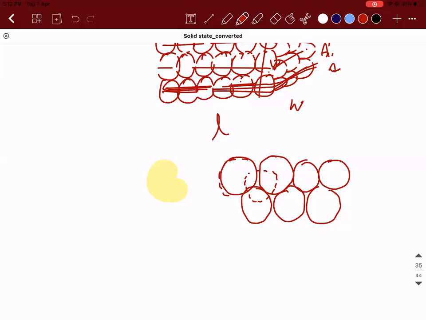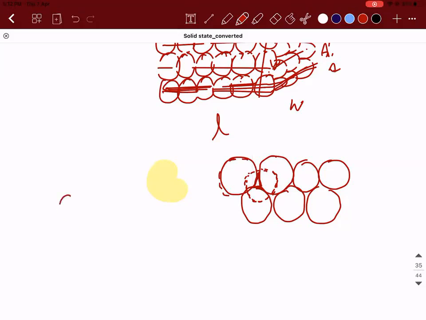Your imagination power should be beyond the universe. So what happens? This second layer particle will come and sit on the top of it. So here, a triangular void is present. Now I'm drawing in three-dimensional view.